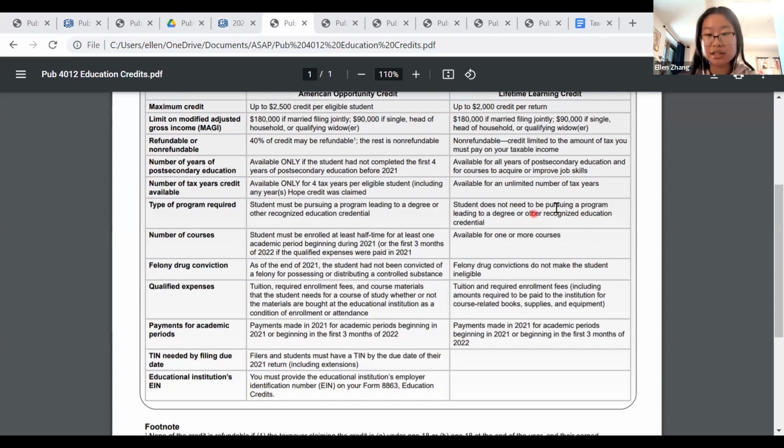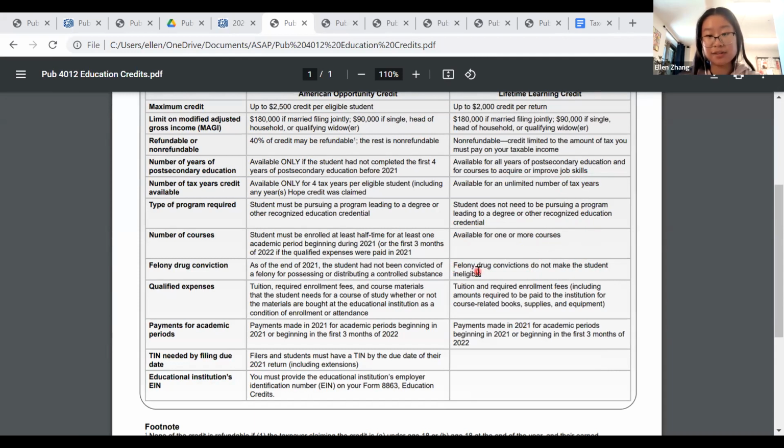So you don't have to necessarily be pursuing a degree or some other education credential, but you do have to be at least taking some classes and improving yourself. So it is available as long as you're taking 1 or more courses.